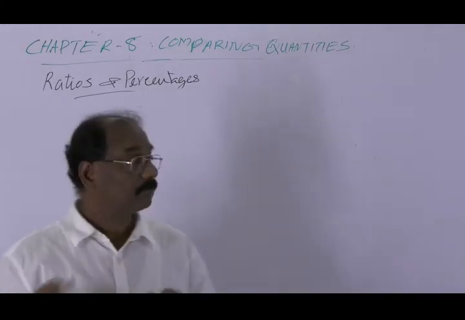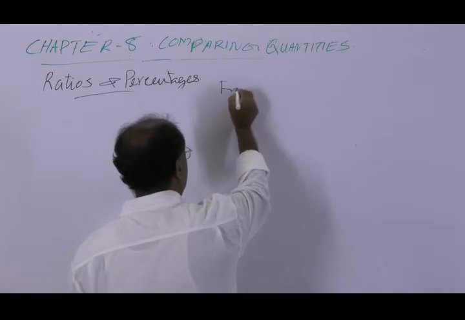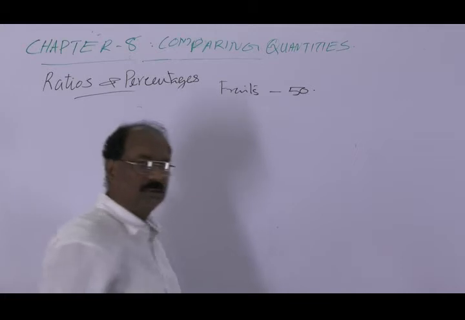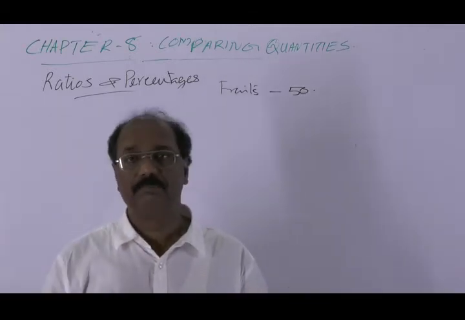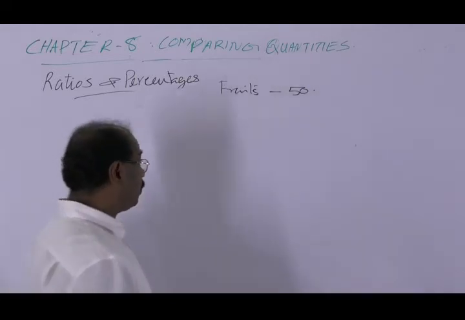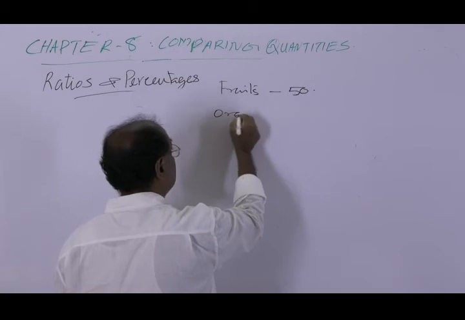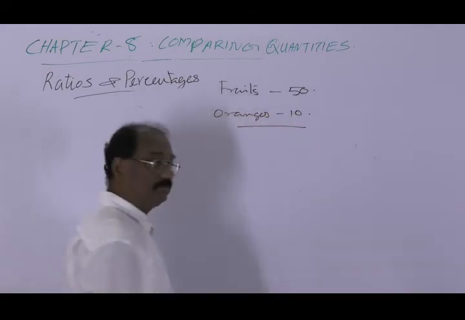For this, suppose we have 50 fruits. Fruits are of different types: oranges, apples, mangoes, etc. And of these 50 fruits, suppose 10 are oranges.